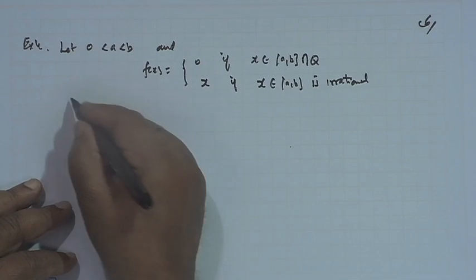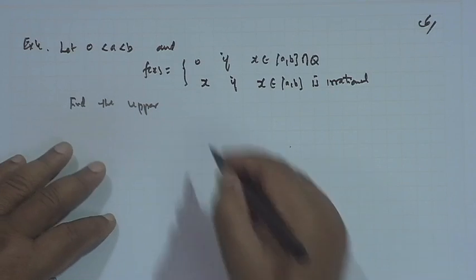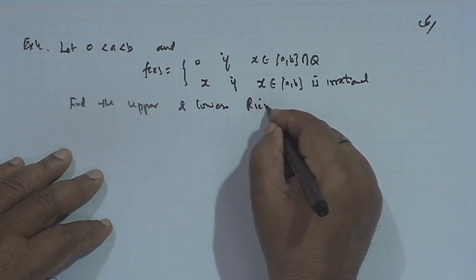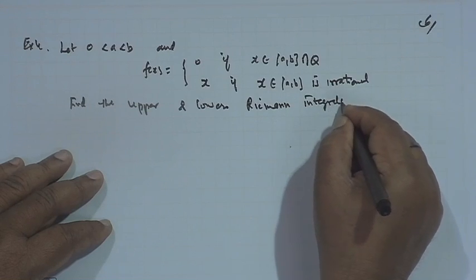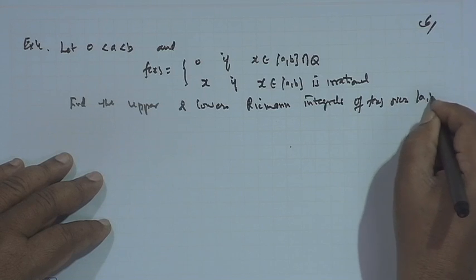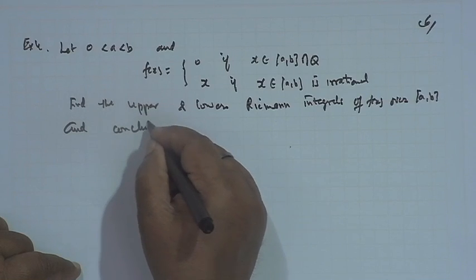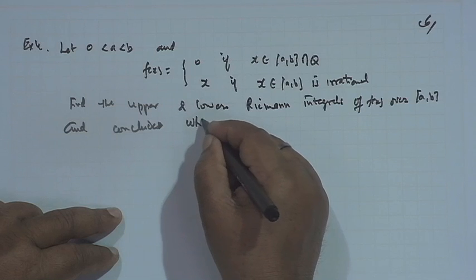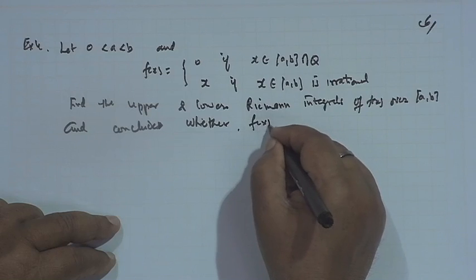Then find the upper and lower Riemann integrals of the function f x over the closed interval a b, and conclude whether f x is Riemann integrable.